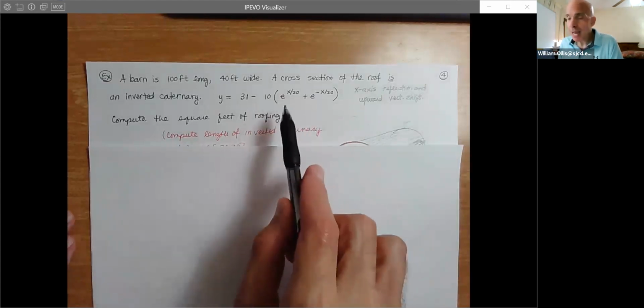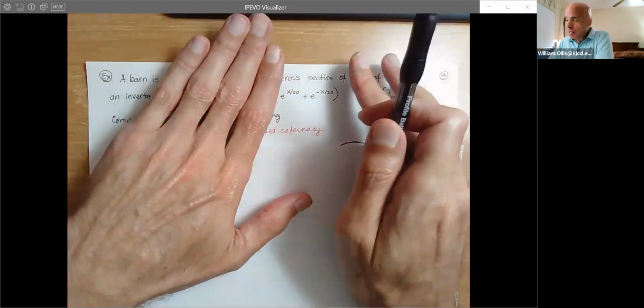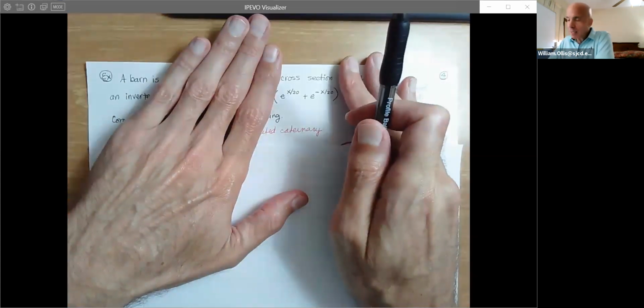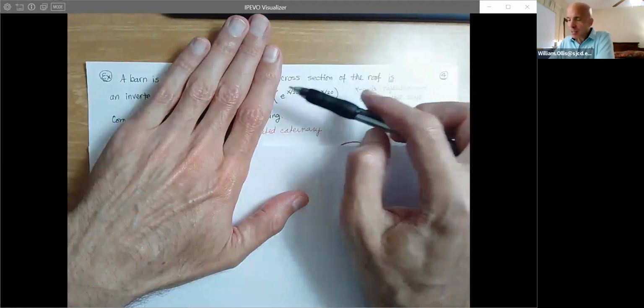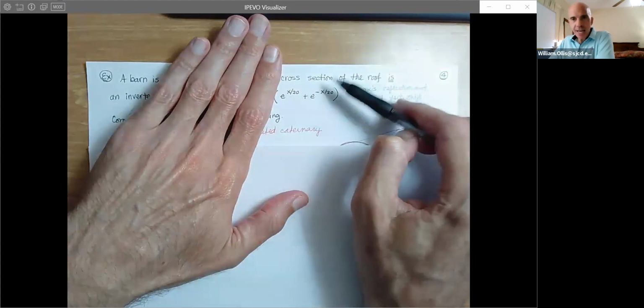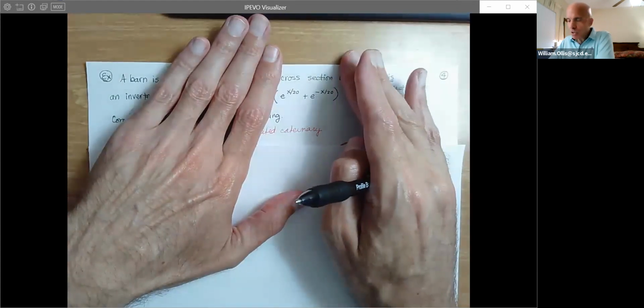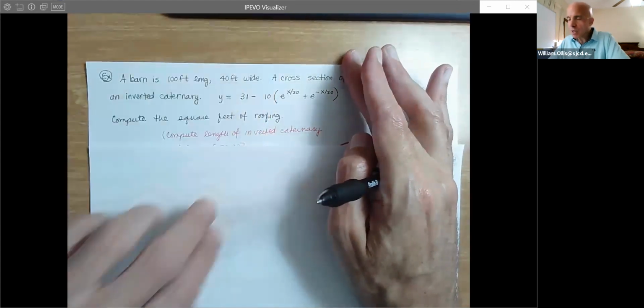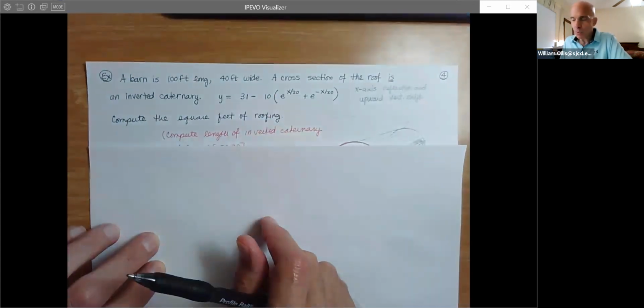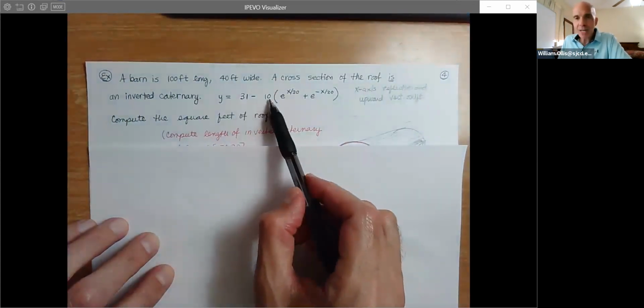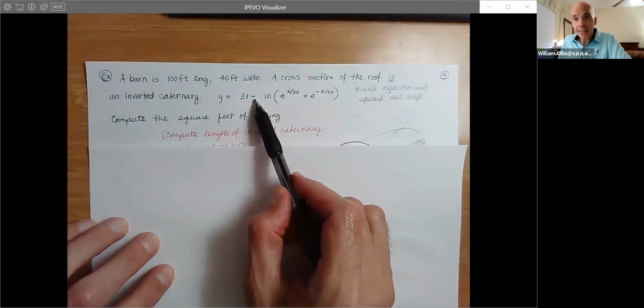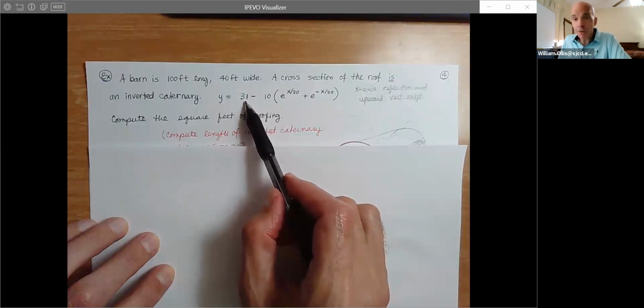If you look at this, that's just basically the hyperbolic cosine, except for the 1/2. E to the something plus e to the negative something divided by 2. There's no 2 there. But what they've done is they've used some college algebra. They stretched it vertically. Then they reflect it in the x-axis, and then they do an upward vertical shift by 31.